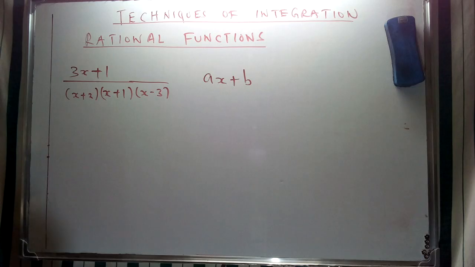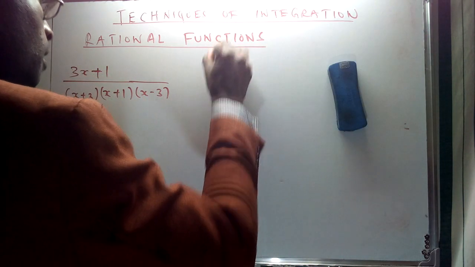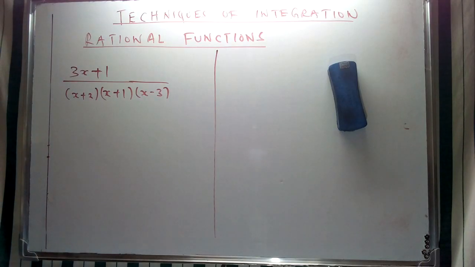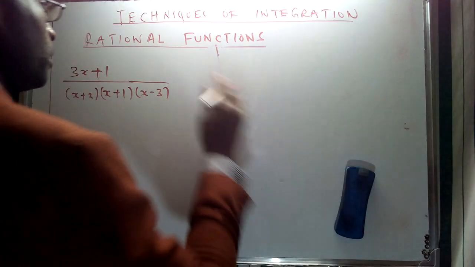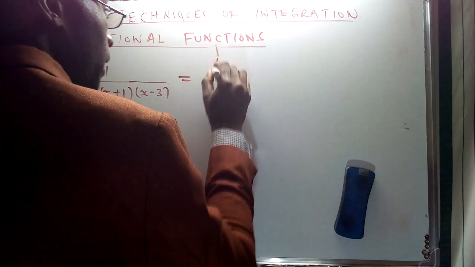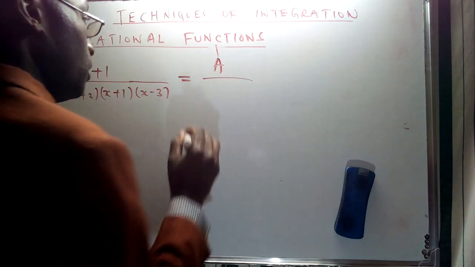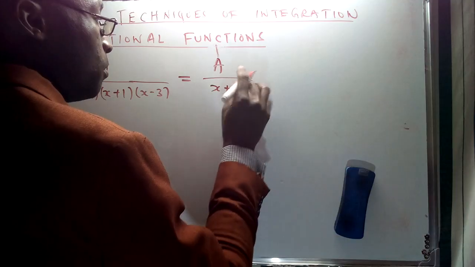So we're going to solve this using this specific strategy that I'm going to give on the board, whereby we're going to have this particular expression equivalent. I'm going to equate this one with a over the first portion of this one, which is going to be represented as x plus 2.